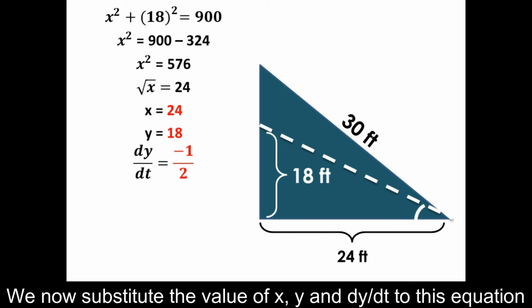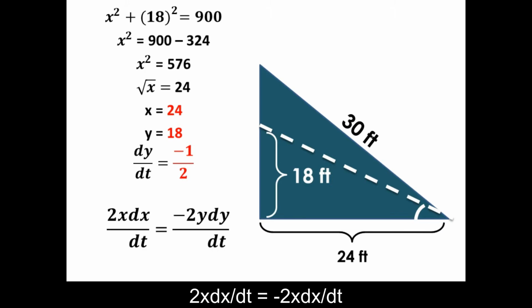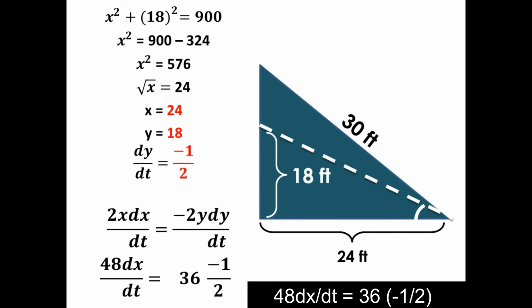We now substitute the values of x, y, and dy over dt to this equation, 2x dx over dt is equal to negative 2y dy over dt. As a result, we now have 48 dx over dt is equal to negative 36 times negative 1 over 2.